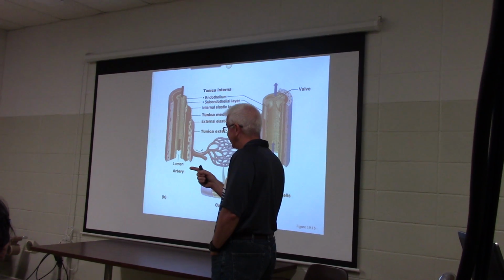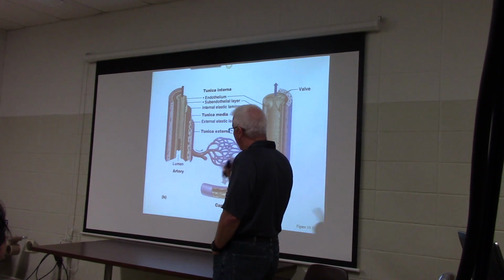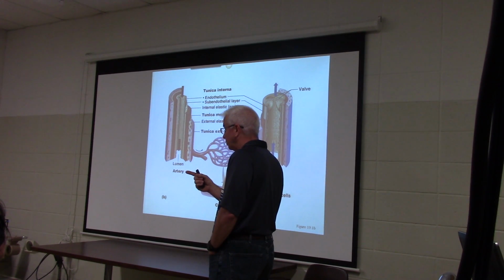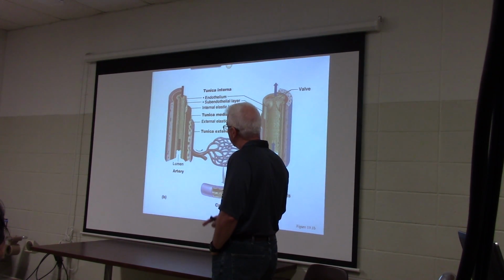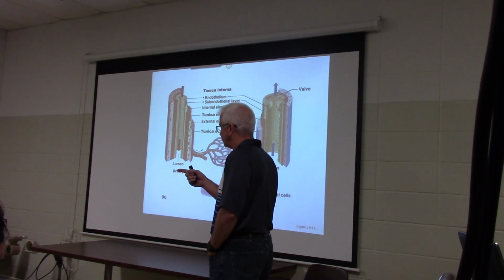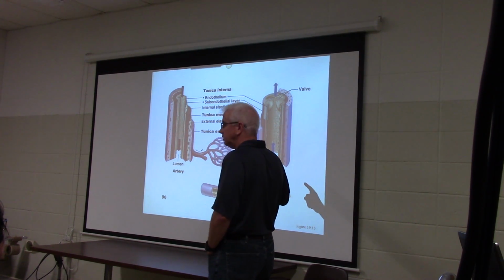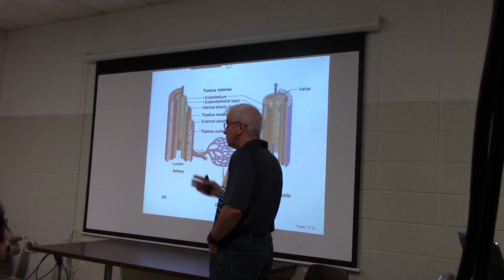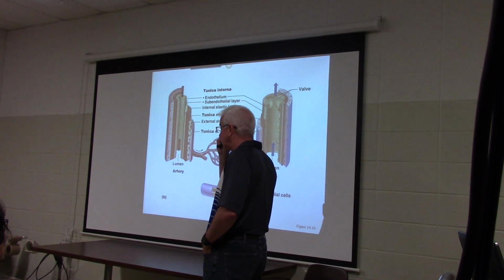There's your observation right there, yes. The wall has more smooth muscle in it. And you're spot on with your observation about function. So arteries are oftentimes referred to as the resistance vessels in the body, where veins are referred to as the capacitance vessels. Arteries have the potential to resist flow.